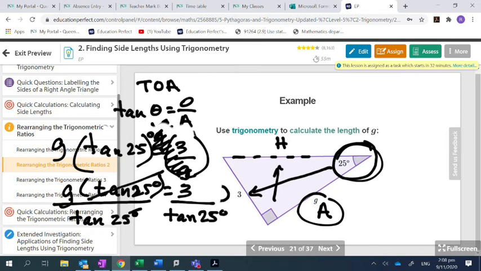These two things are identical, so they divide away. That leaves me with G, and I can use my calculator: 3 divided by tangent 25. I got 6.43, rounded to 2 places. And my G is by myself, so I'm done.